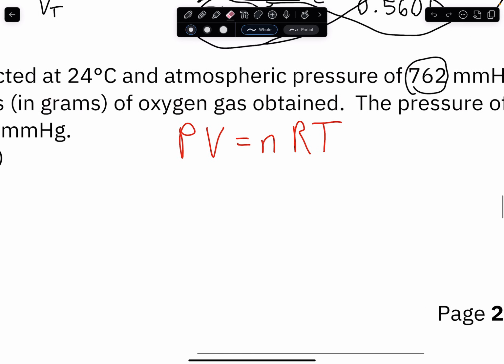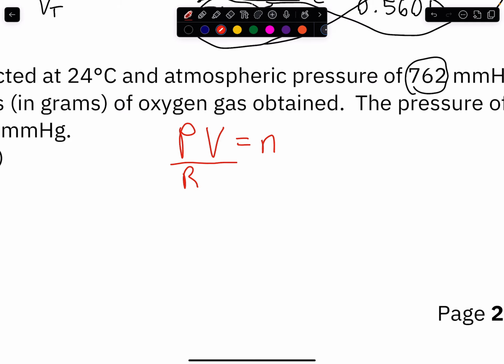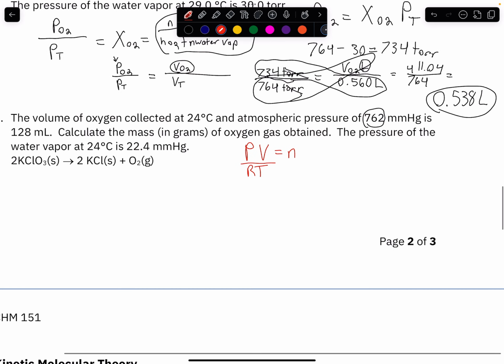Let's actually just erase this and make it N equals PV over RT. And that's how we would get the moles.